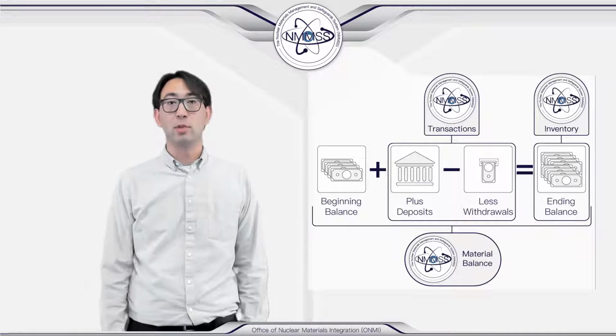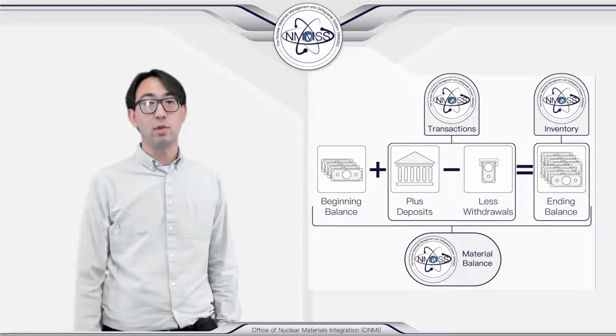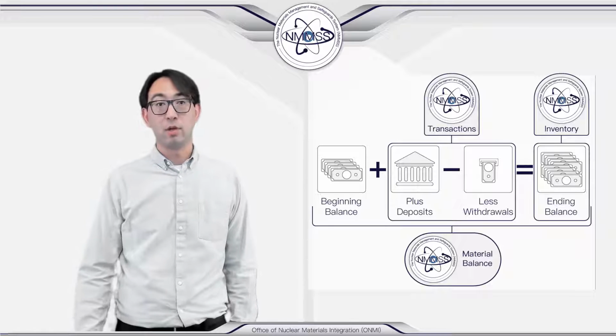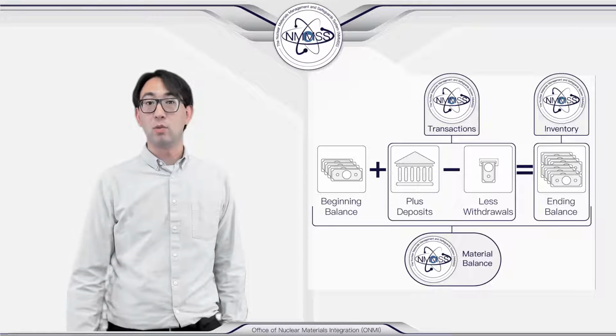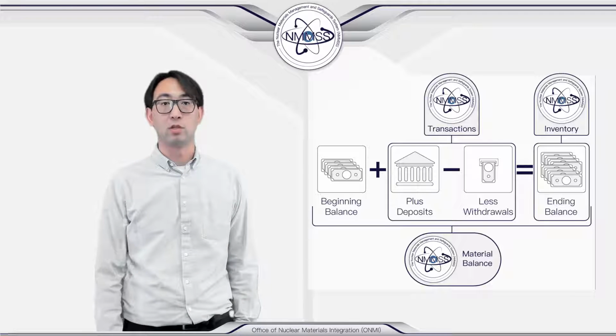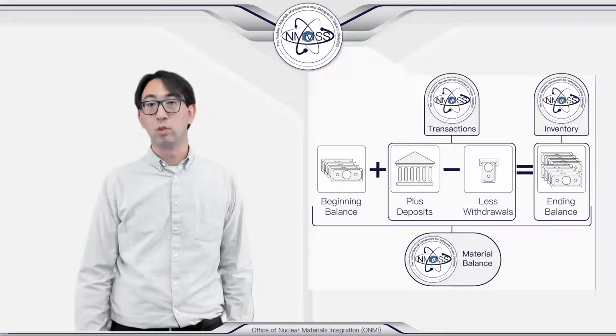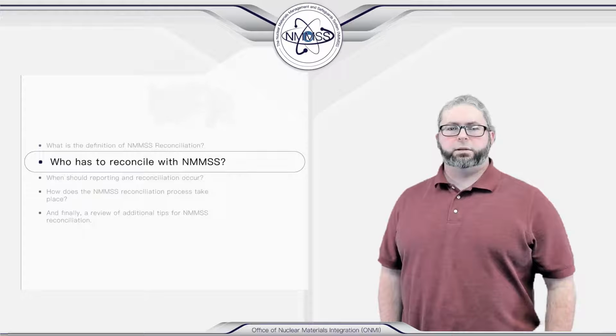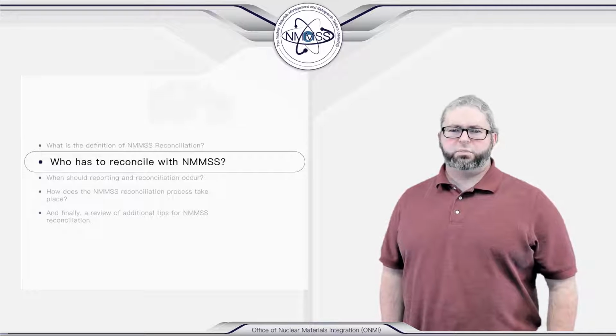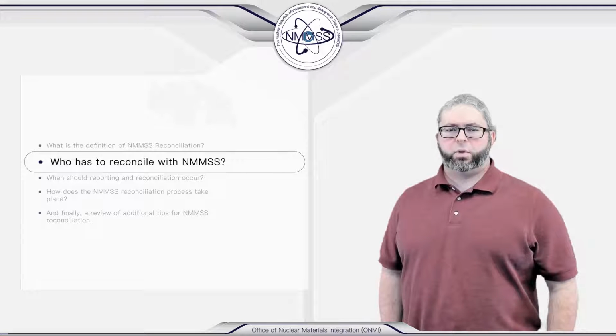Material balance records may be reported by facilities or generated from NMMS, similar to that in the bank example. There are additional specificity and nuances for the reconciliation of nuclear materials at DOE sites and NRC licensees, which we will discuss. Brandon, before we get too deep into this discussion, do all DOE sites and NRC licensees have to be reconciled with NMMS?